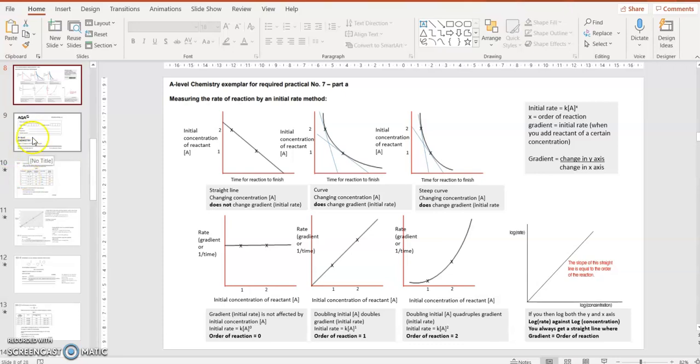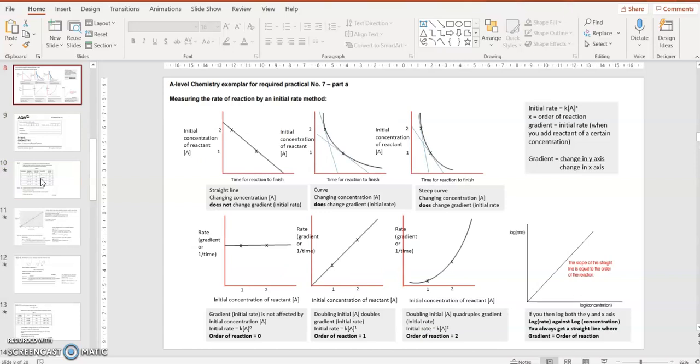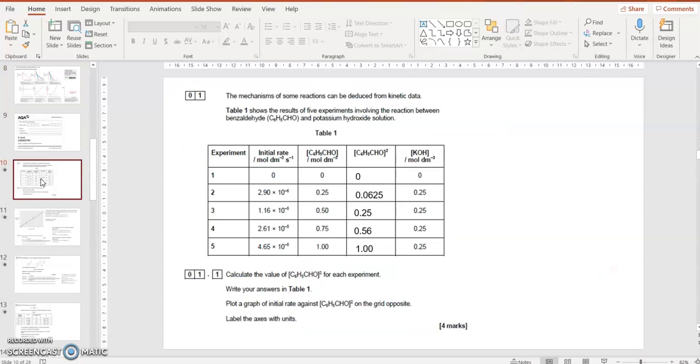So let's have a look at what they're asking you to do. They're asking you to, from the concentrations and initial rates, draw a graph similar to the bottom set of graphs. Initial concentrations against rate, except they've done a little cheeky change.